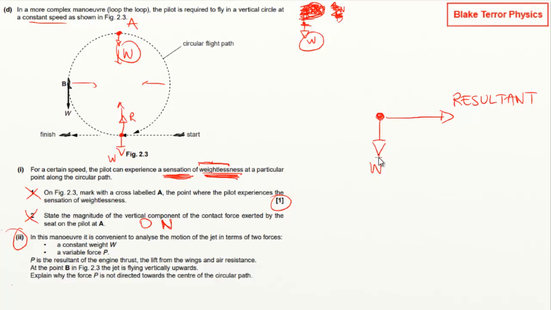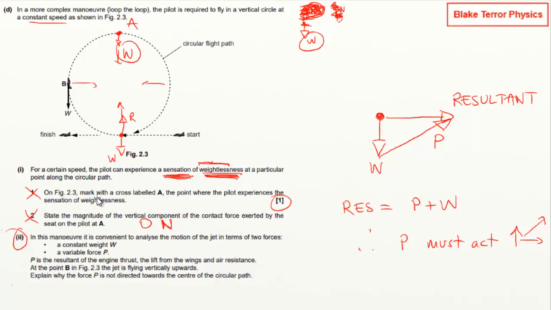So therefore, this must be the direction of P. The resultant is equal to P plus W, and drawing out that triangle shows that P must be acting upwards and to the right. Therefore, P must act up and right. So that's why it's going in that direction.